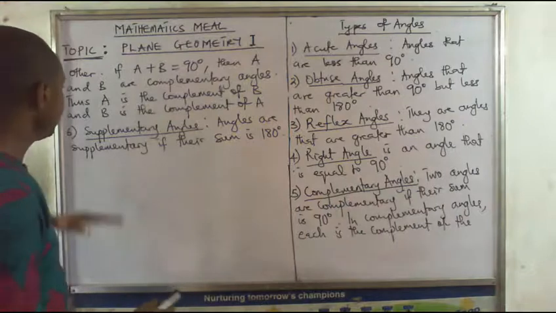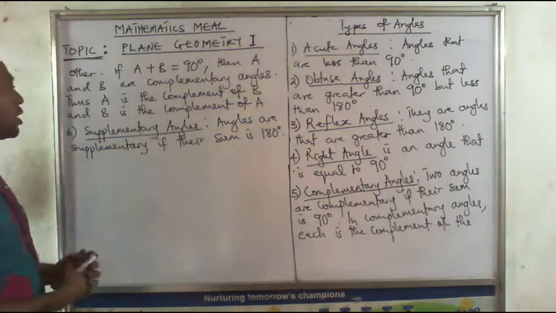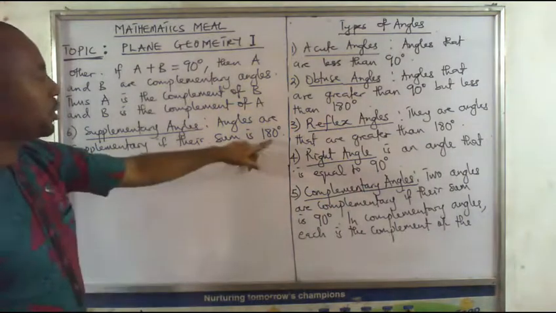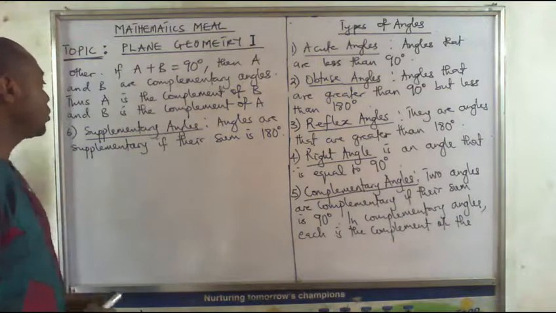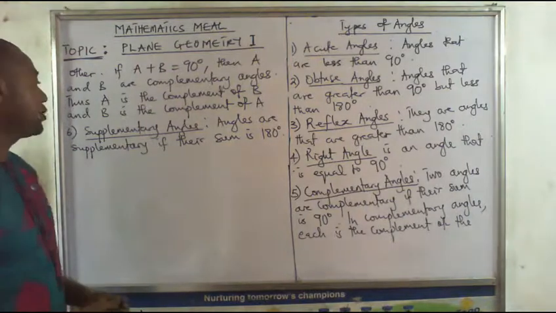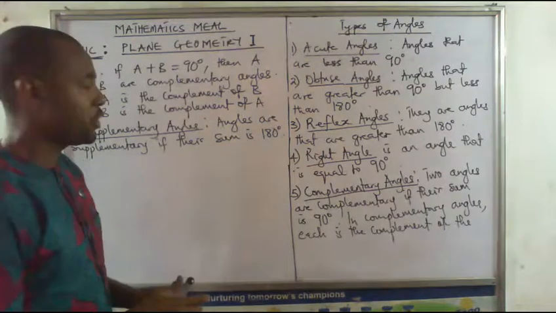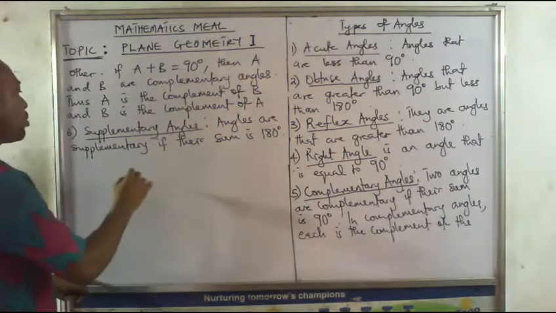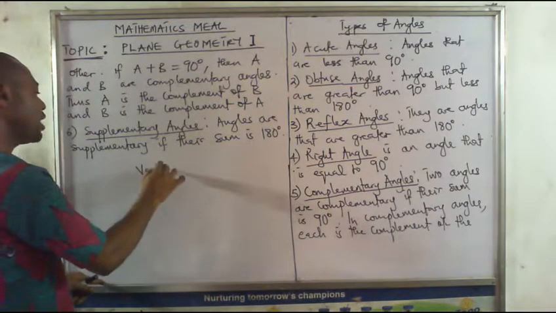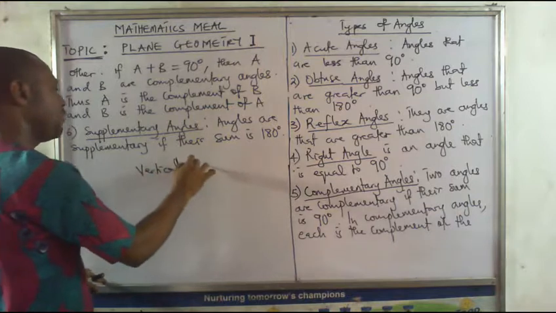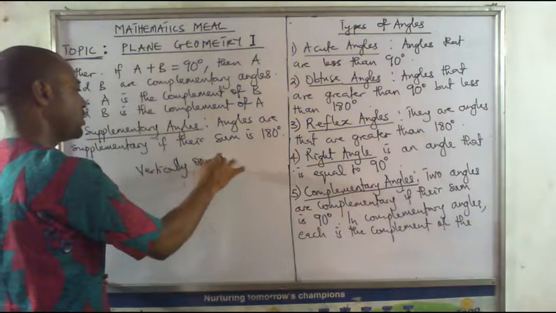Okay. So when the sum of angles results to what? 180 degrees, then those angles are said to be what? Supplementary angles. Now there are other angles that we are going to explain when we get to relationship between angles and lines. We'll be looking at vertically opposite angles.